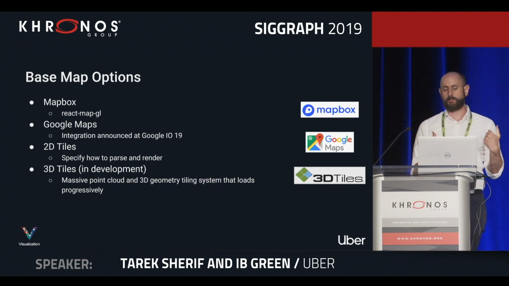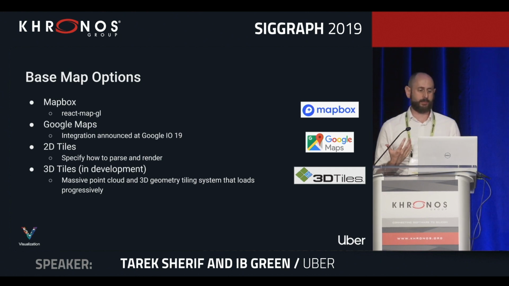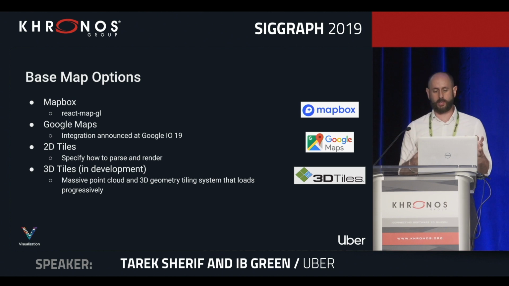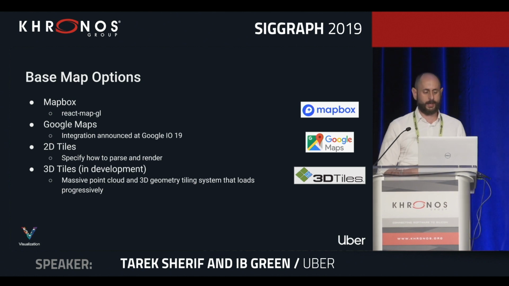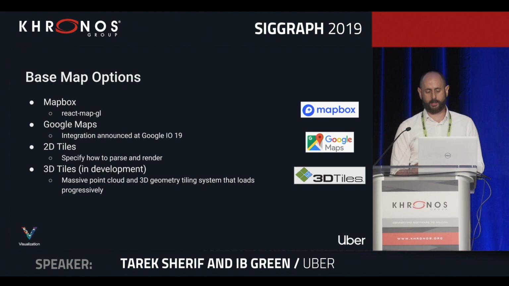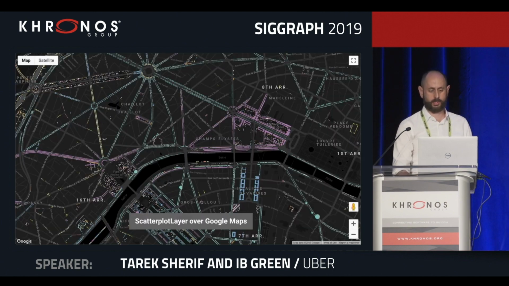With DeckGL, our most mature integration is Mapbox, but we've tried to build it in a way that it's independent of the base map layer that you're using, and we've really opened that up this year with the Google Maps support that was announced at I/O this year. We have a 2D tile layer that lets you import raster tiles from whatever tile service you want, and then we're also working on integrating the 3D tiles spec, which was talked about a bit in the Loaders GL presentation.